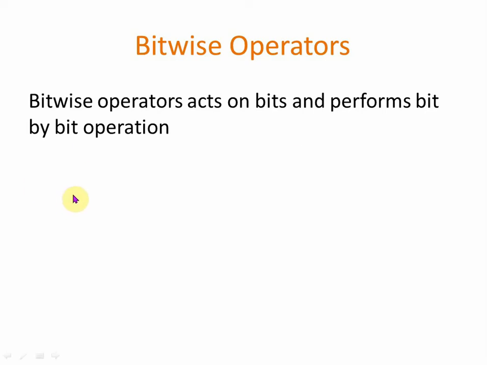If you don't know what bits are, how to convert a decimal value into binary values, or vice versa, first go and visit those YouTube links, and then start watching this. If you know, you can continue with this.